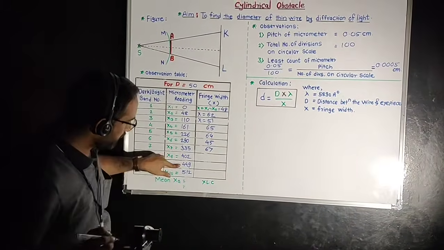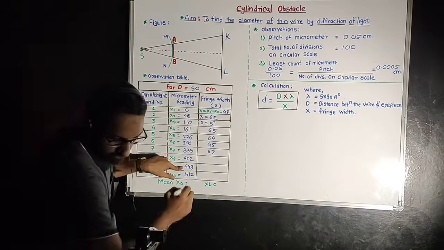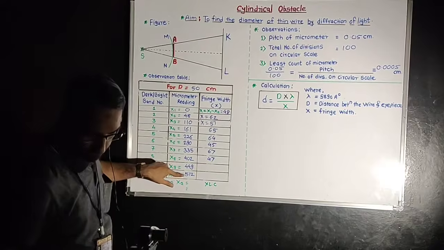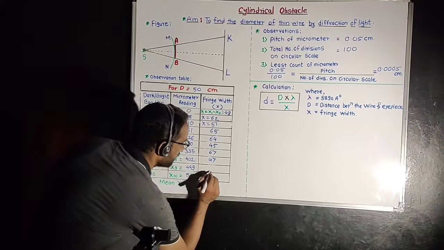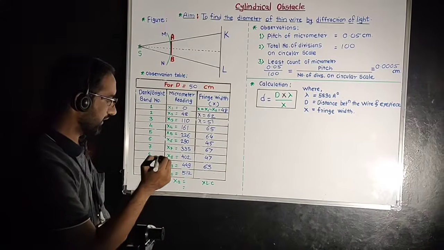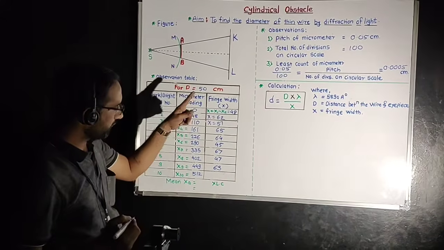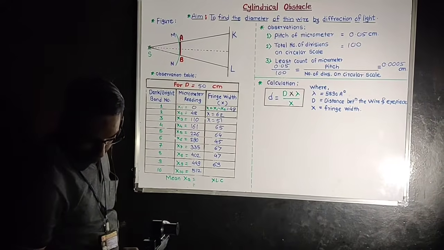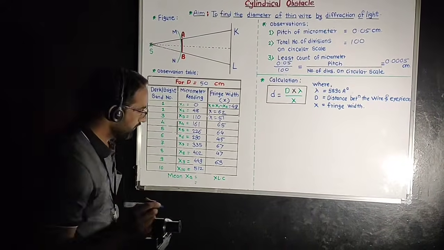Then 449 minus 402, this is 47. And last one 512 minus 449, it becomes 63. So we are getting 9 differences of these 10 readings, and we have to find the average of all the 9 readings.